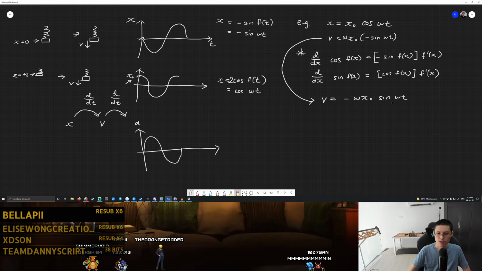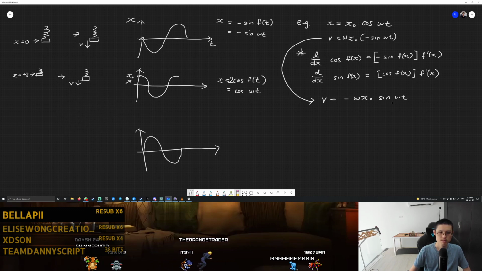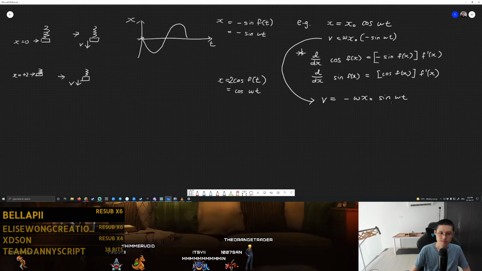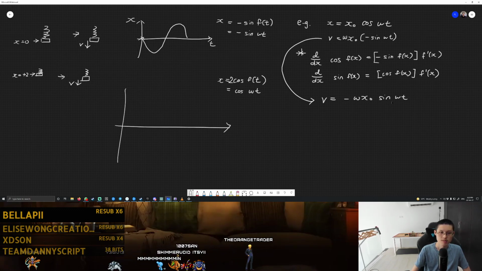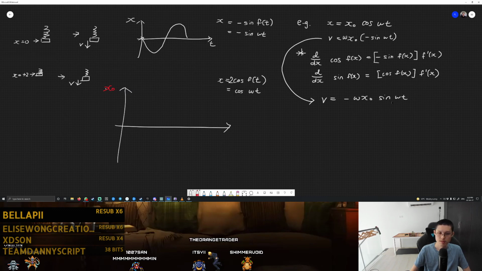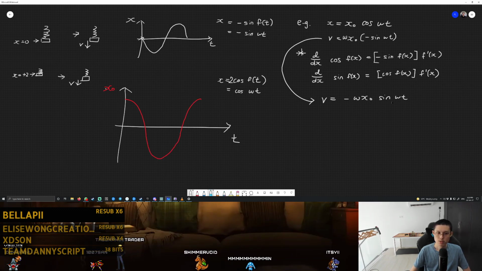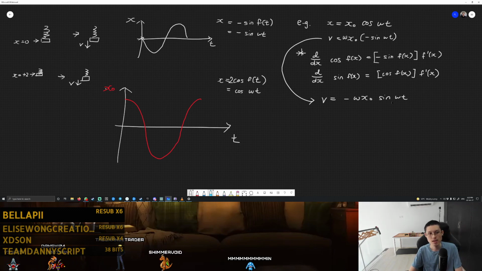Okay, so if I combine these two graphs together, let me draw it together right here. So let's say x0 is right.